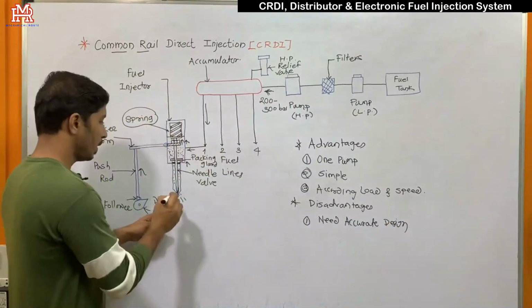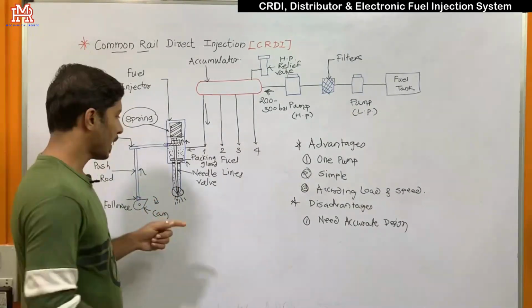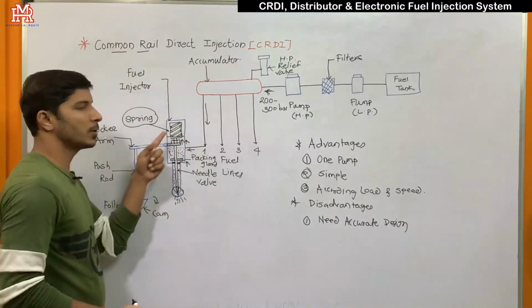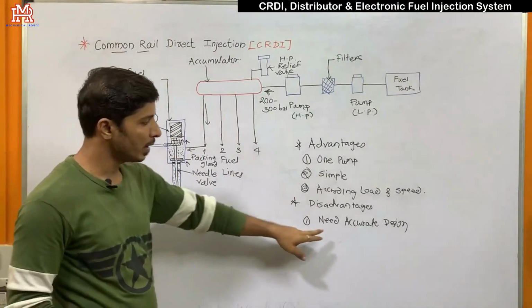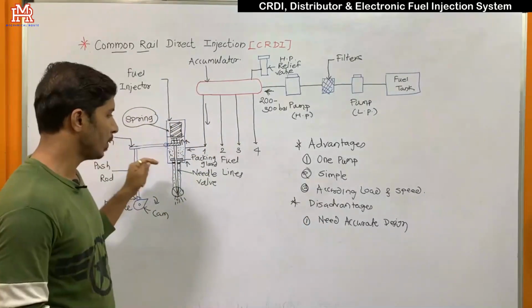We know that the opening provided here is very small, and this opening itself is regulated by this spring force only. So we should be very careful while designing this fuel injector.